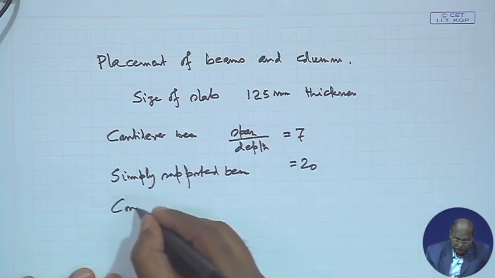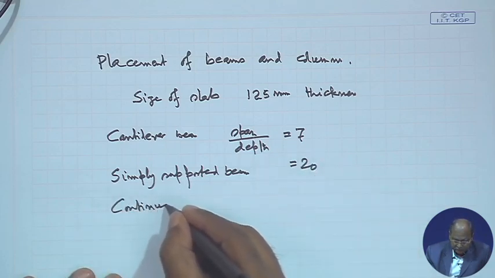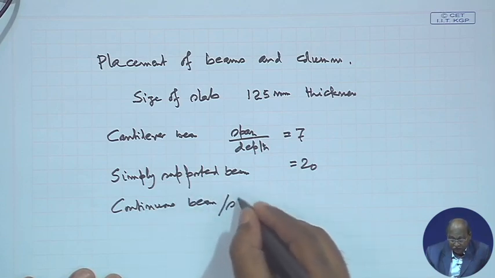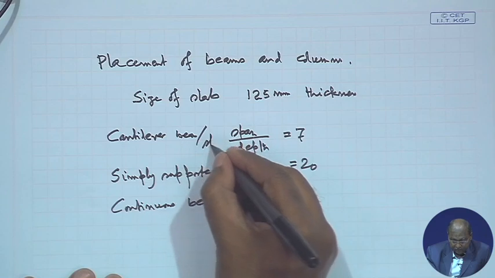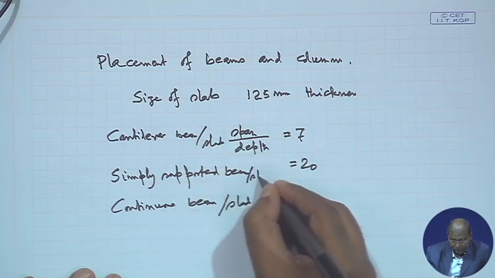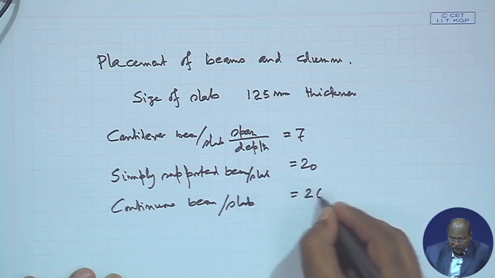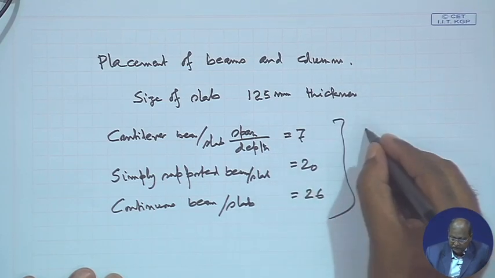Then continuous beam or slab, this is true for beam and slab also, for all of them, this is 26. These are the basic values.